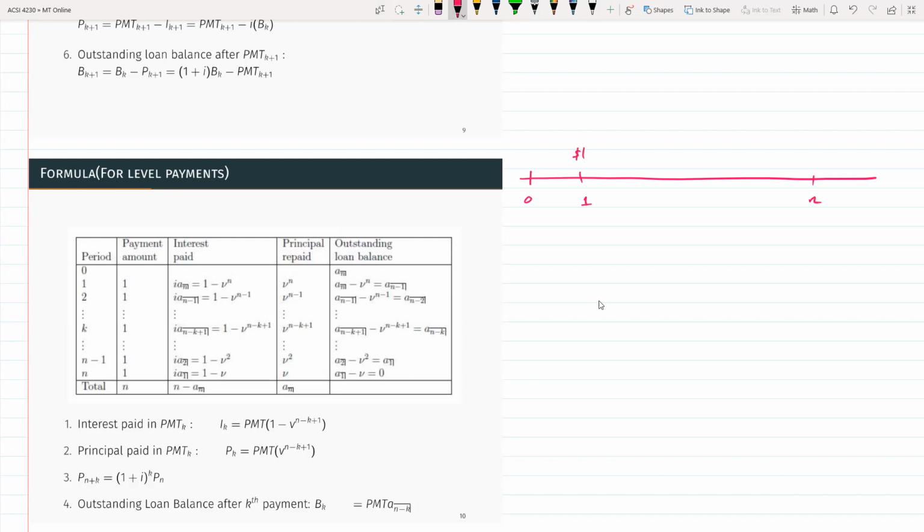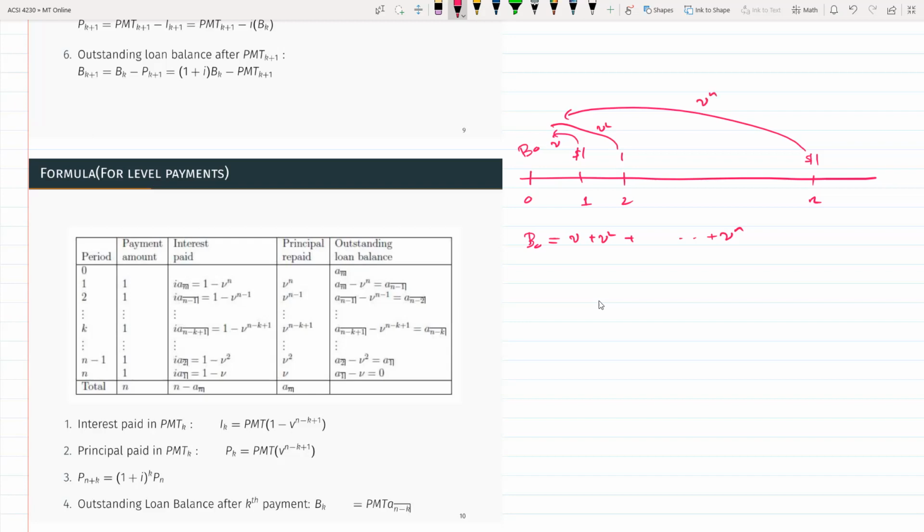Okay, so this is how you repay the loan. So then what would be your initial loan balance? B0 would be the present value of this $1. So basically the first is v, and then the next one is $1 multiplied by v squared, discounting all the way up to vn, the last one.